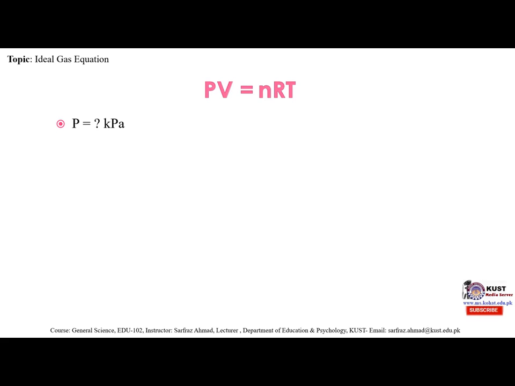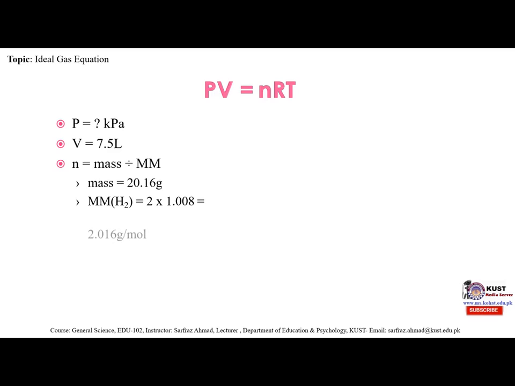Because we have to calculate pressure, and the volume is given as 7.5 liter, and small n is equal to mass divided by molar mass M. Mass is equal to 20.16 gram, and the molar mass of H2 is equal to 2 into 1.008, that is 2.016 gram per mole, and n is equal to 20.16 divided by 2.016, which is 10 mole.